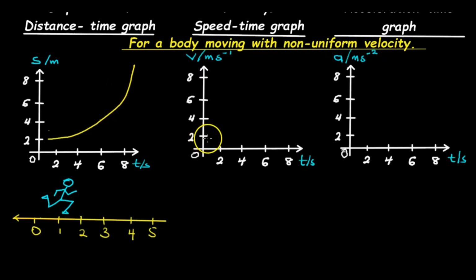This means that on the velocity-time graph, we are going to start with a smaller velocity and the velocity is going to keep increasing whilst time also increases. So as velocity increases and time increases, we get a graph that looks like this. So for a non-uniform velocity on a velocity-time graph, we get this.